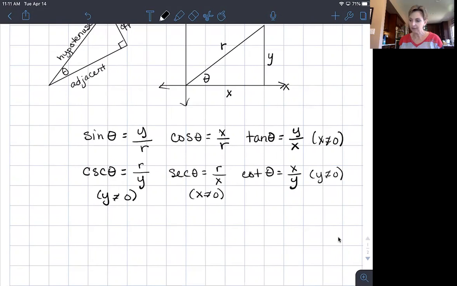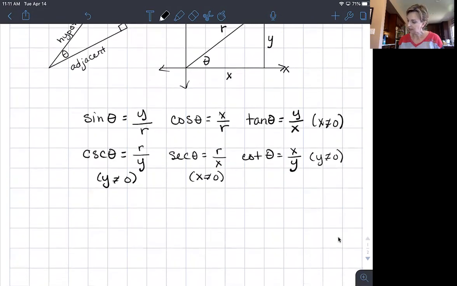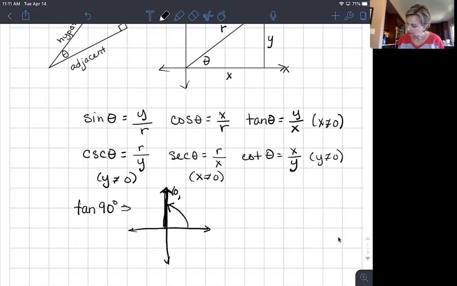An example of when that might happen: let's say you're doing tangent, and let's say we wanted to know the tangent of 90 degrees. Okay, what that would look like if we take a look at that in our coordinate plane. Here's an X and Y axis, and I'm talking about 90 degrees right here, right? So the coordinates there at 90 degrees are 0 and 1.